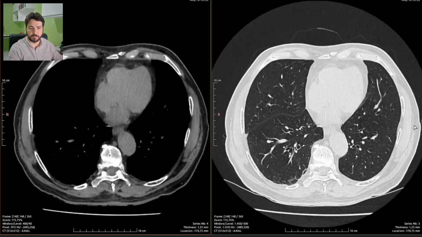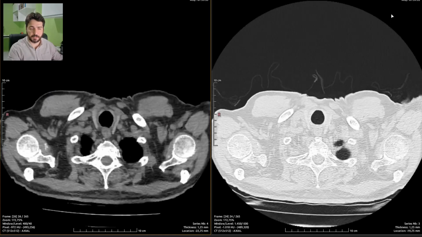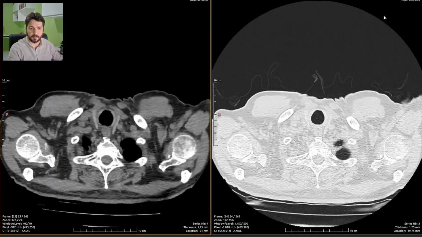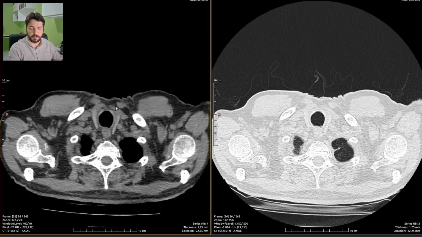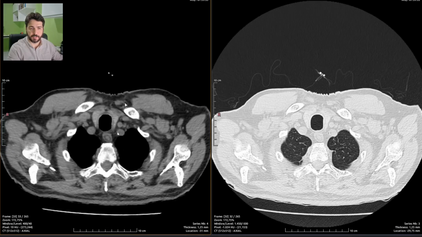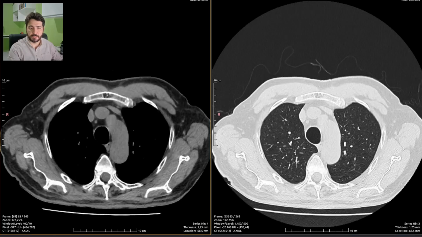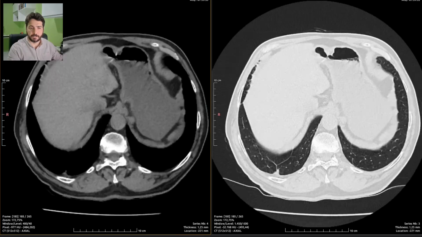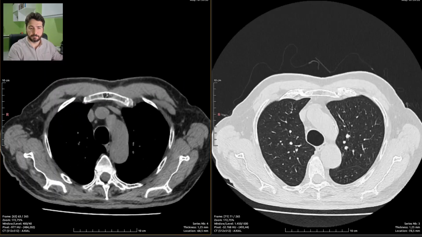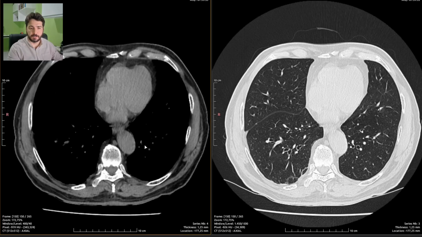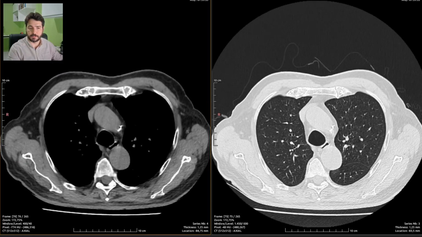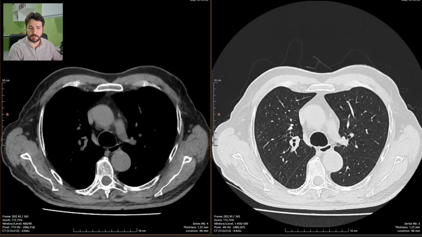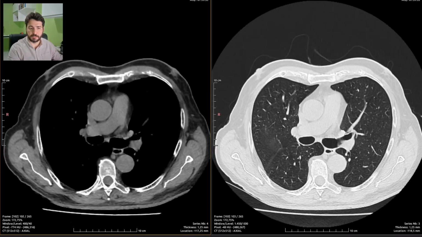We can't really tell because this isn't the exam to do that properly. Thyroid seems fine, a bit atrophic. Yeah, so this aorta tortuosity is quite common, not a serious disease.